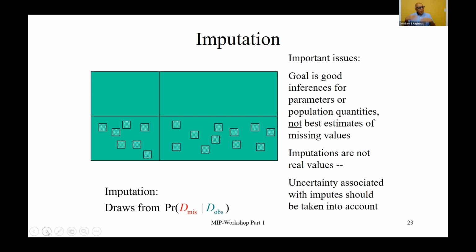I told them, "No, I think our goal is to get good inferences on parameters of population quantities that you're trying to estimate." They said, no, it can't be right. We'll give you a test. We are going to give you a data set and hide some values, and you do imputation.